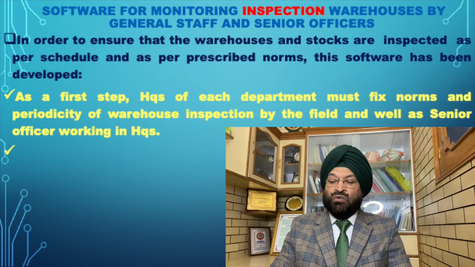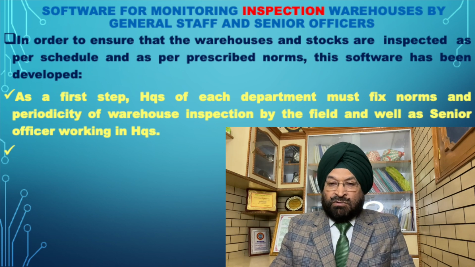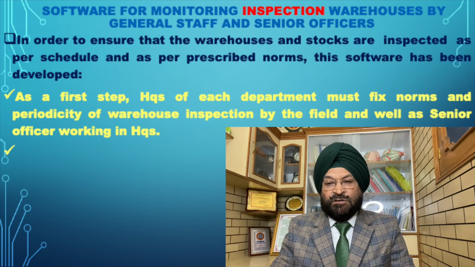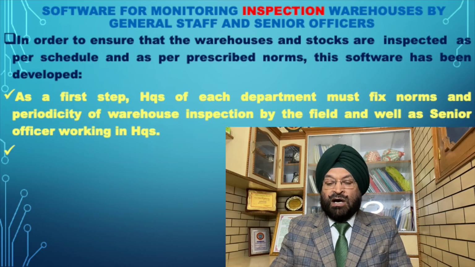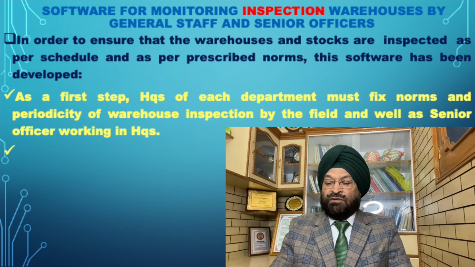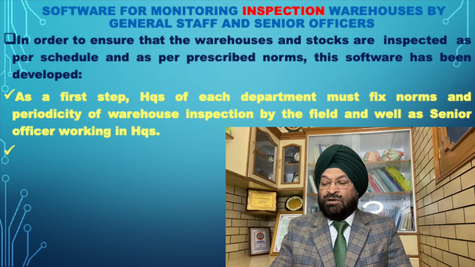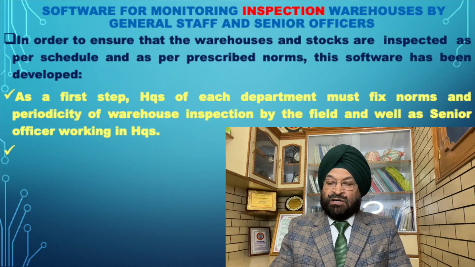So in order to ensure that the stocks are inspected as per schedule and prescribed norms, this software is necessary. As a first step, headquarters of each department must fix the norms, the schedule and the periodicity of the inspection by the field staff as well as by the senior officers working in the headquarters.